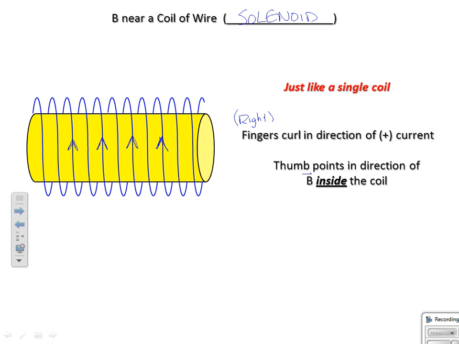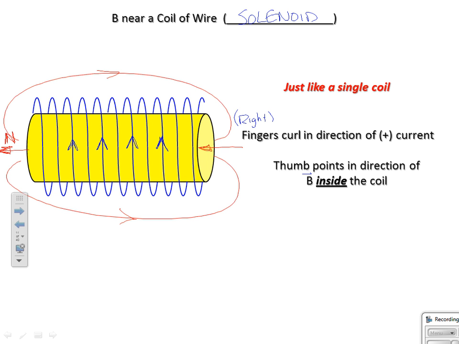Well, we can wrap our fingers up the front of this big coil, down the back, and our thumb points to the left. So that means inside the coil, the field looks like this, and points in like that, and then wraps itself back around here. And again, that means that this is our North Pole, and this is our South Pole. Okay?